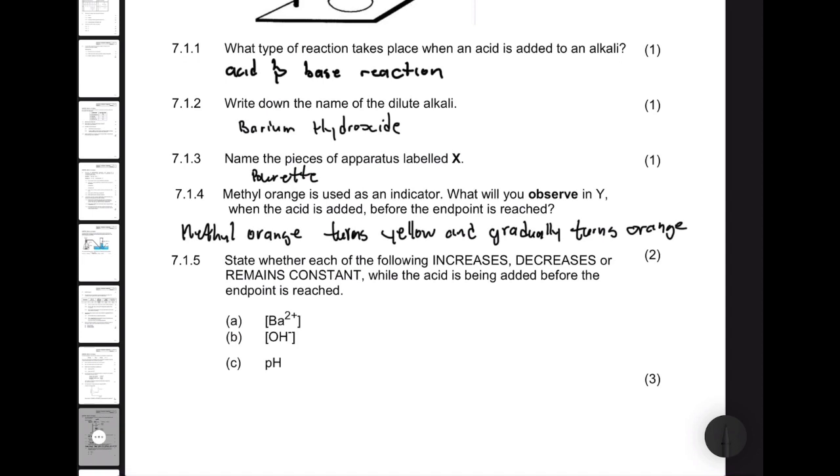And then 7.1.5 says, state whether each of the following increases, decreases, or remains constant while the acid is being added before the endpoint is reached. So back to the basics. What's an acid? An acid is a proton donor. So when we increase the acid, we increase H+, right?